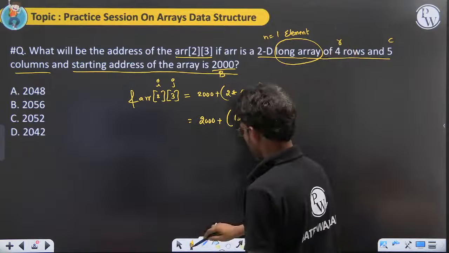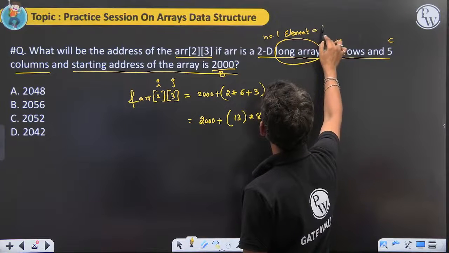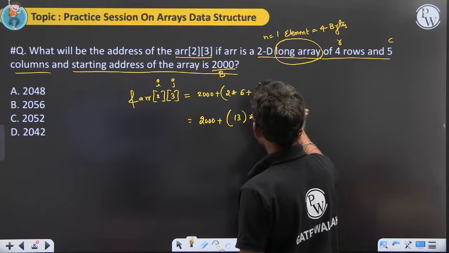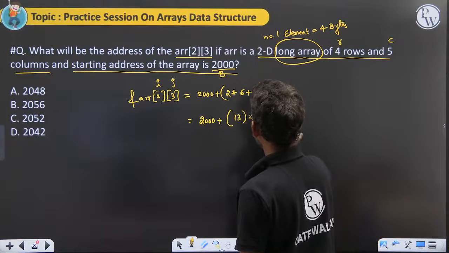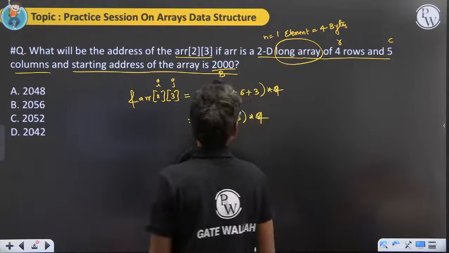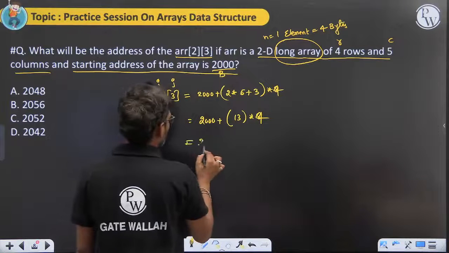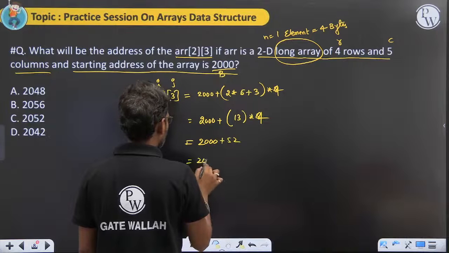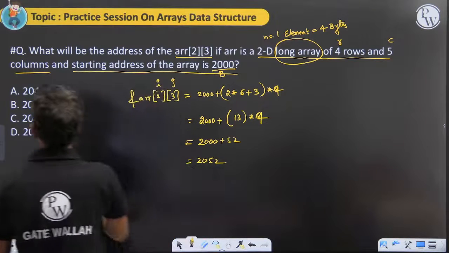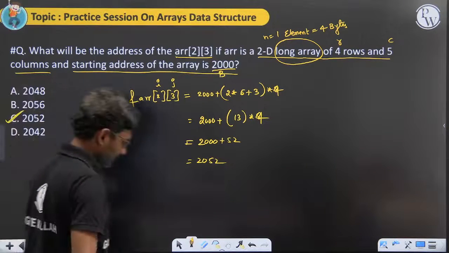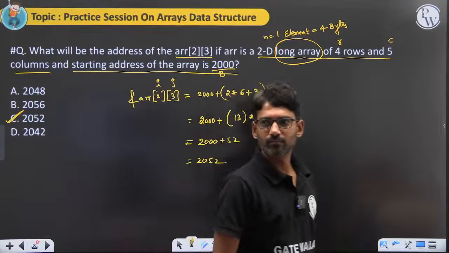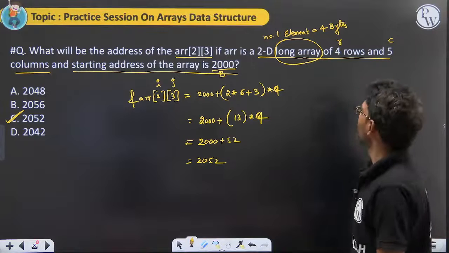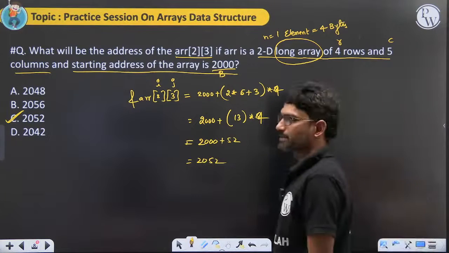As per this question, fine, let us take 4 bytes. So this would be 2000 plus 52, that is 2052. Option C will be the right answer. Yes, we have to take 4 bytes as n.